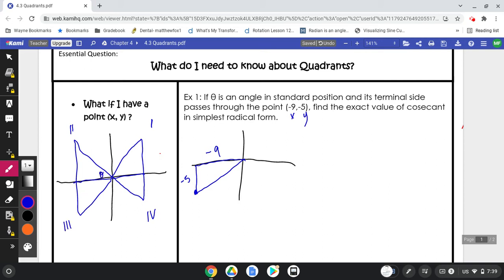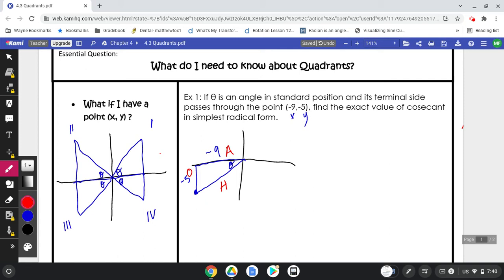Our thetas are always right by the origin. So in this case, our theta would be right here. So let me switch to red. We know this is our hypotenuse. Hopefully you know adjacent is next to, and this would be opposite. So opposite, adjacent, hypotenuse.